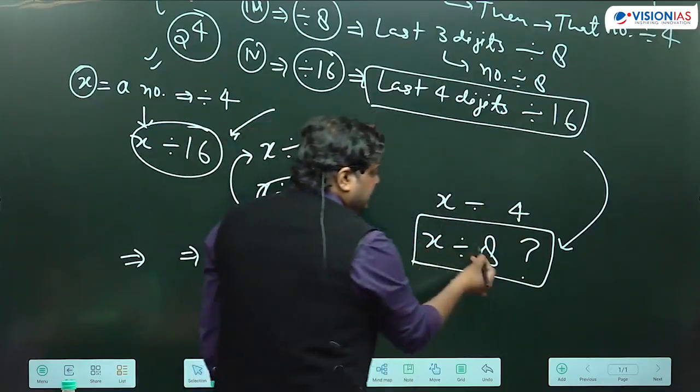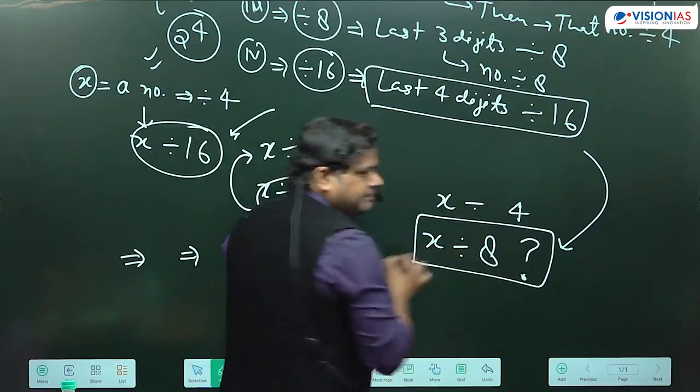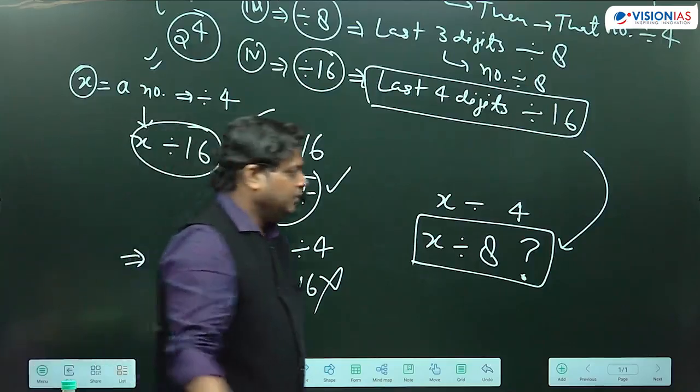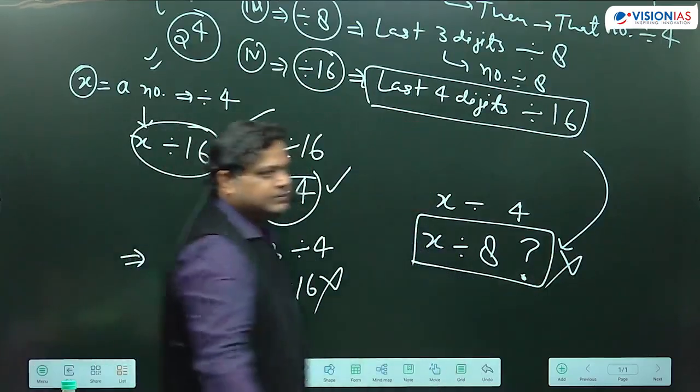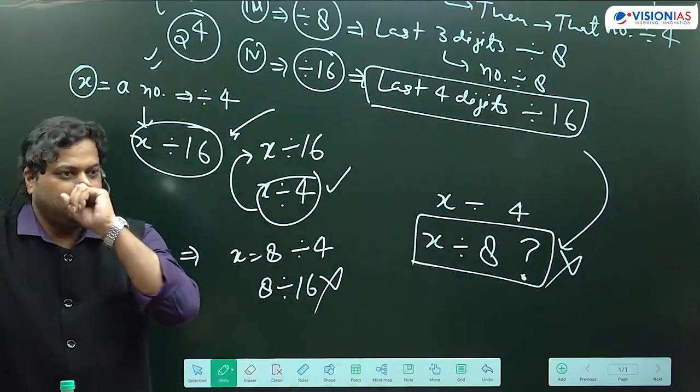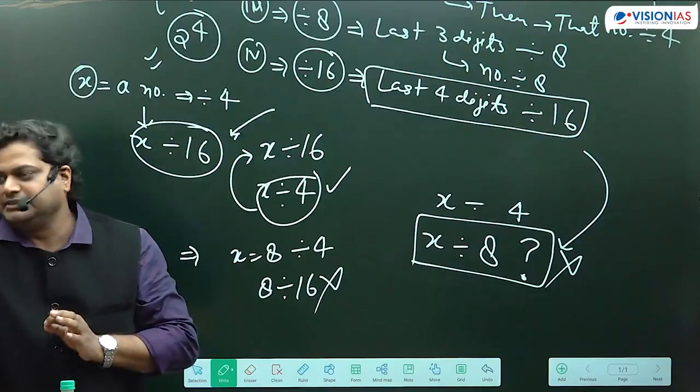Can this number be divisible by 8 always? No. उल्टा नहीं होगा. तो ये ध्यान रखना है. ऐसे statements can be framed. और पूछा भी है ऐसे simple statements.